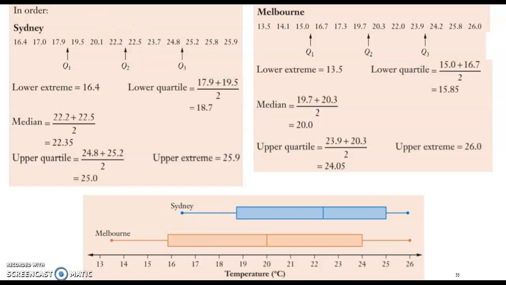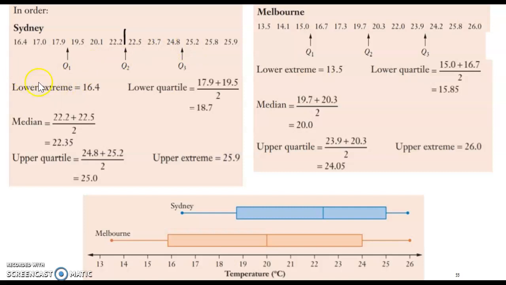Remember, first of all, you're going to halve the data by crossing off the end scores, and you should find that this point here divides so we've got 6 scores on the left, 6 scores on the right, and then we're going to halve that again to get our first quartile and our third quartile.